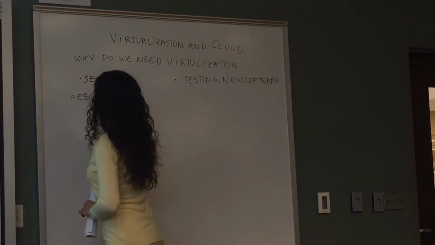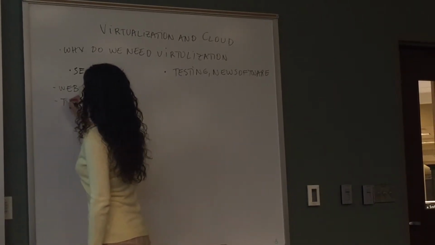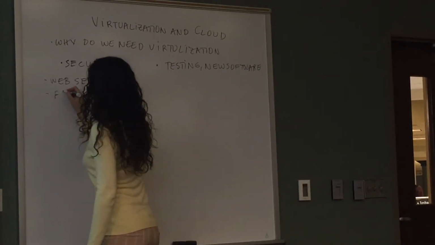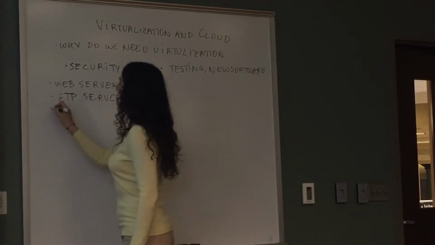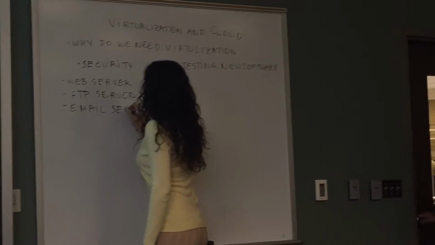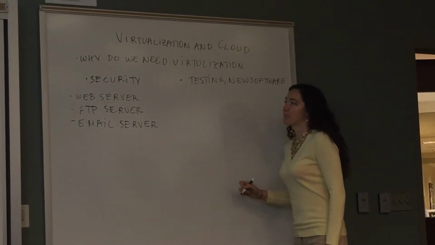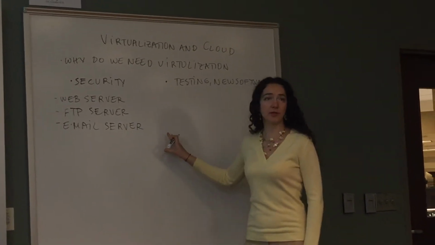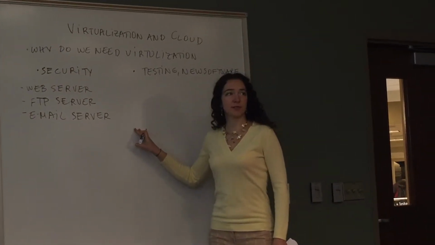a web server, a file transfer server for uploading and downloading files, and let's say they also need to run an email server. So if all of these are running on the same machine, do we have a security risk?